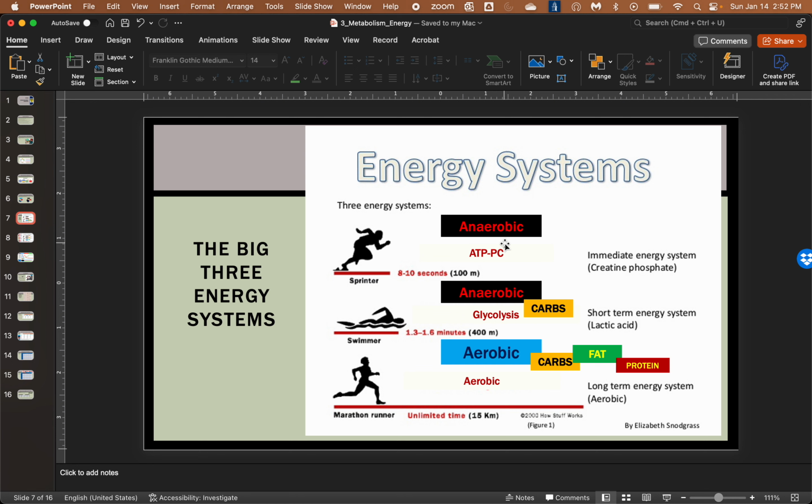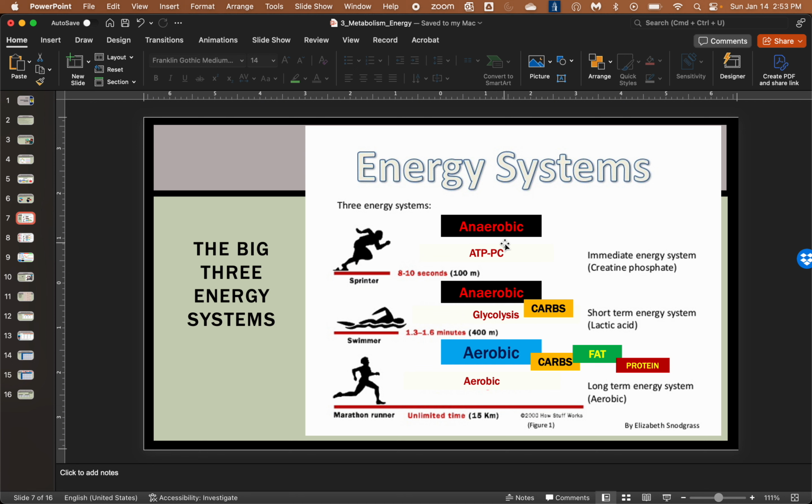If you want to remember what this system is all about, it's the middle system where you're still going really hard, but for a little bit longer, under a 2-minute time period, right? So it's like 1.3 to 1.5 minutes-ish, maybe up to about 2 minutes, depending on how in shape you are. And this is the system where we develop a lot of lactic acid. If we're relying on this system, we're developing a lot of lactic acid. And this system primarily uses carbohydrates to develop ATP.